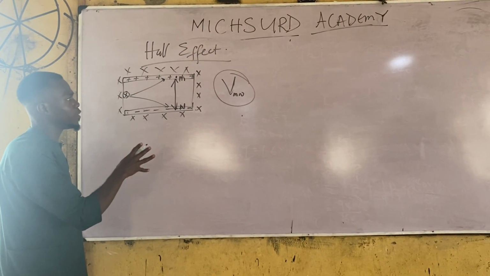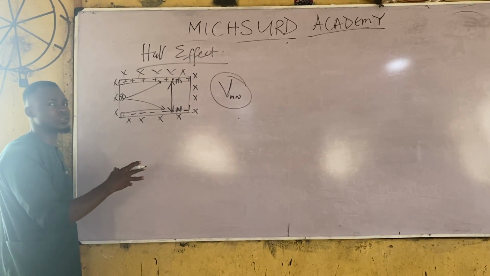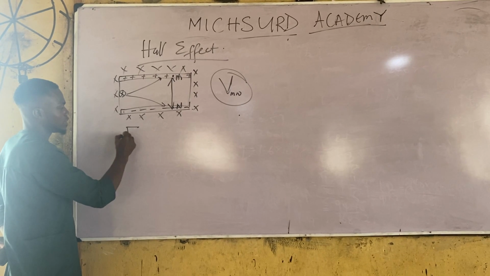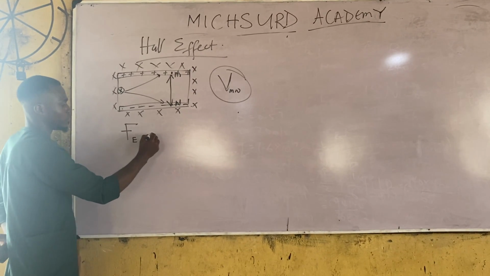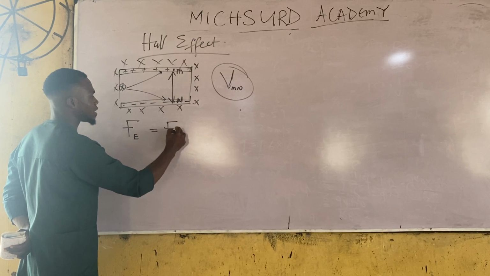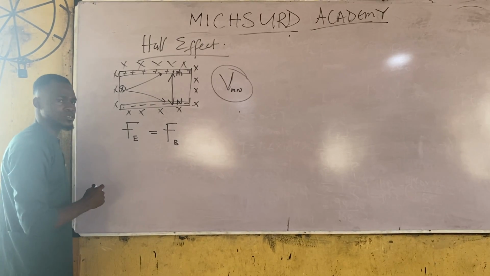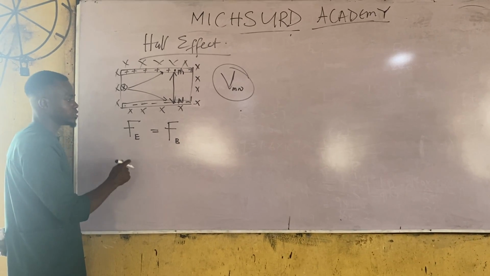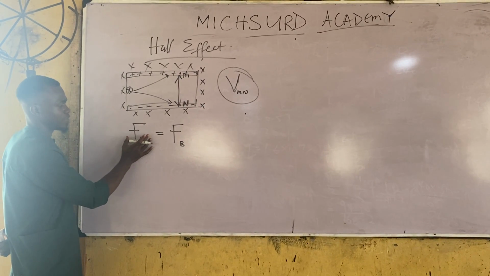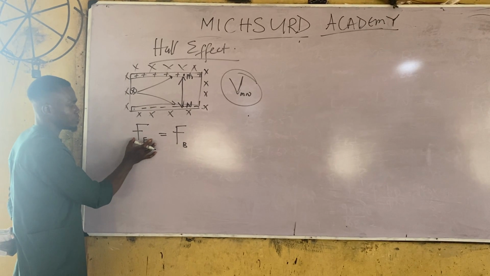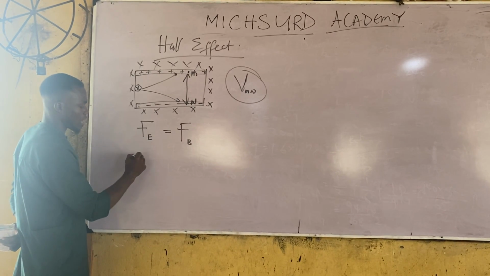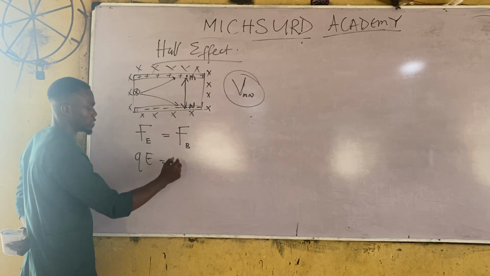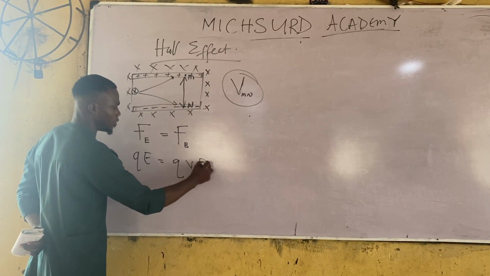But what we observe here is that when this potential difference is created, there will be a point whereby the electric force is equal to the magnetic force. From our previous class, the electric force is given as QE and the magnetic force is given as QvB.